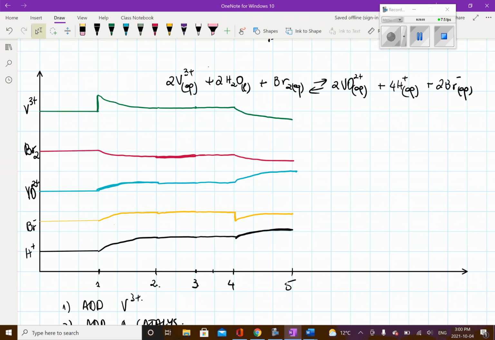So what we are doing here is immediately adding bromide, okay, and then the equilibrium is reached, and as we are adding that, then the hydrogen will be used, and so will be VO2 plus, and bromide will be increased slightly, and V3 plus will increase slightly as well, and this will be where the equilibrium is reached.